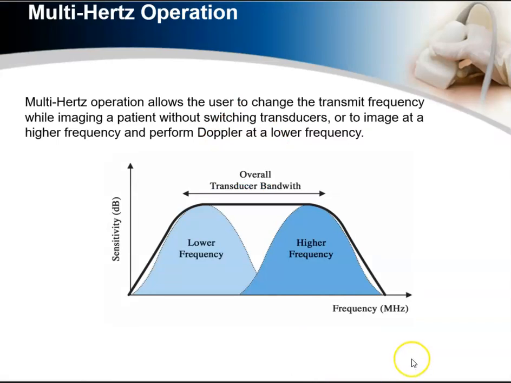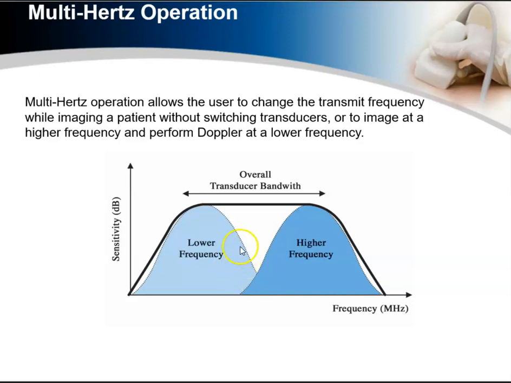Multi-hertz operation. There's a button on every machine in the lab that allows you to select the frequency of the transducer you're going to be using. This doesn't change the transducer at all. All it does is say, okay, if we want to lower our frequency and have better penetration, we're going to push a button that says lower frequency, and we're going to use this portion of the overall transducer bandwidth.